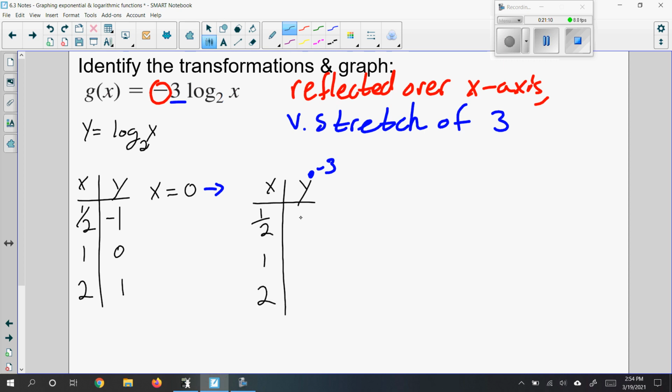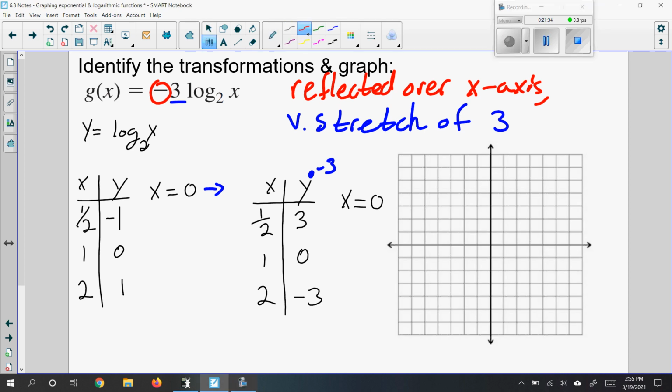The y values are multiplied by -3, so 3, 0, -3. The vertical asymptote is also unaffected because transformations to the y variable do not have any effect on the vertical asymptote.